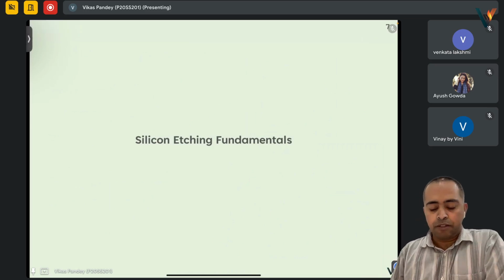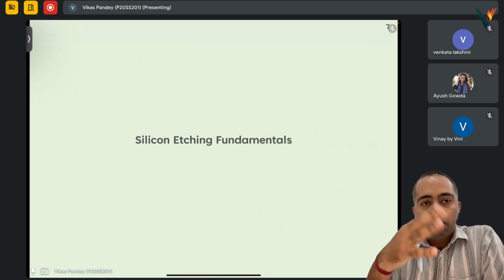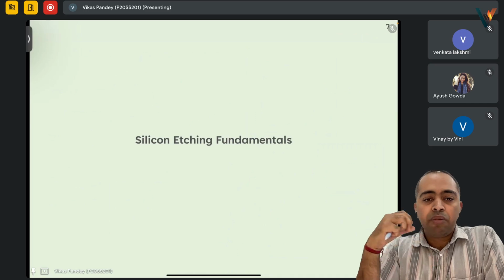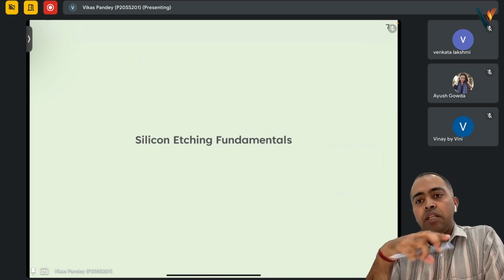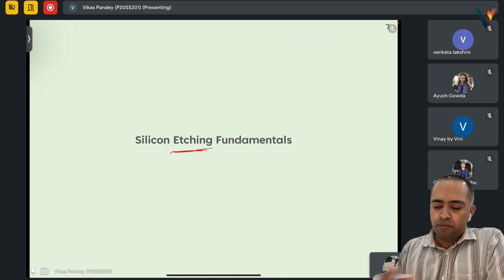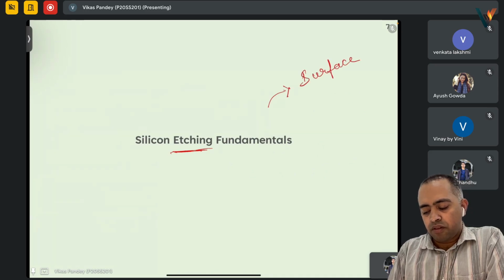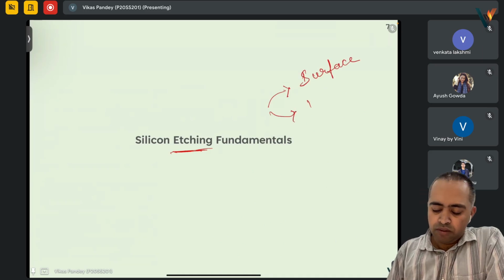Okay, so first, whenever we are cutting out or removing material from silicon, we call it etching. Okay, we will see that there are actually two types of etching. One is surface and the other is bulk.